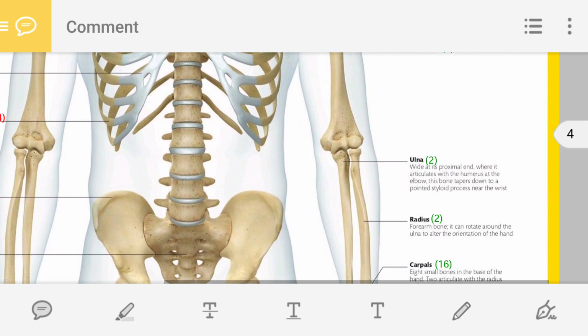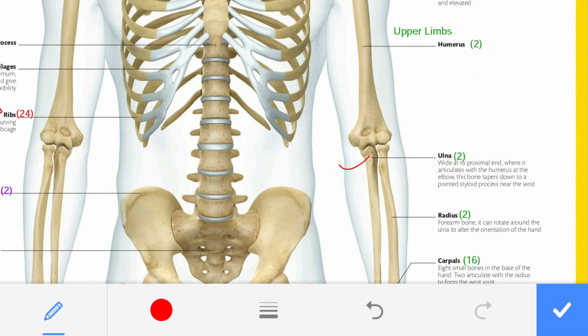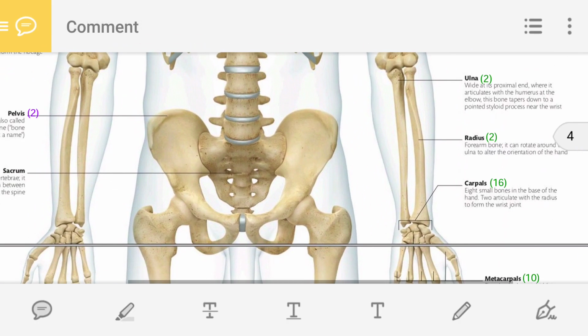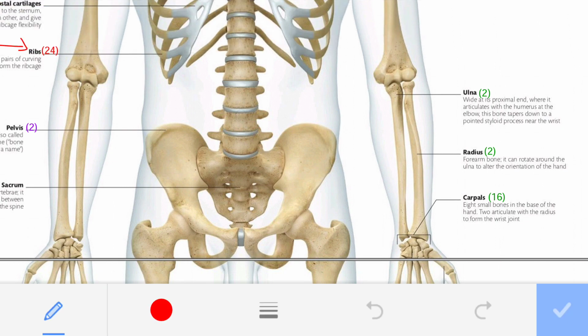Then the ulna. Here this is the ulna and this one is the ulna. You can see clearly the ulna bone, both sides, left and right. Then the radius. This one is the radius and this one is the radius. So 1 plus 1, 2 radius.